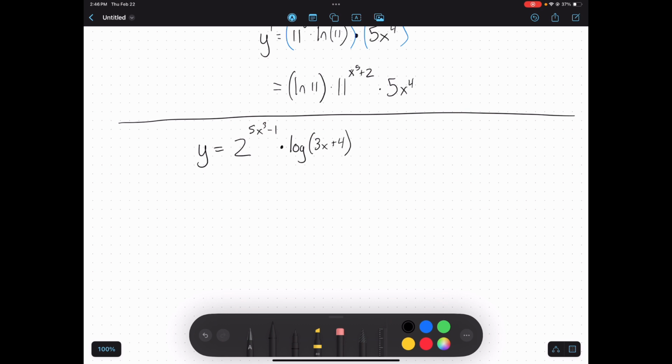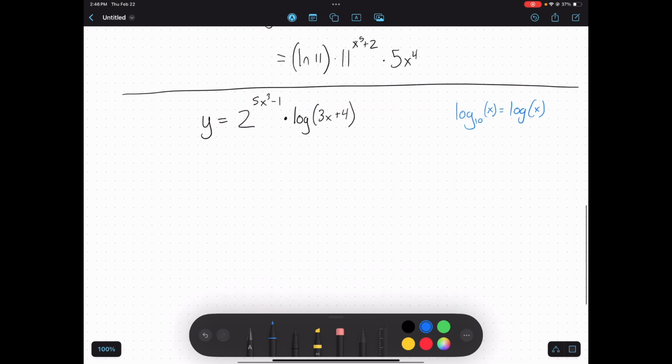Interesting, I didn't specify a base. Well, remember, if I don't specify a base, it's log base 10. That's shorthand for log base 10, because that's a very common logarithm that we use a lot. So this is just log base 10.